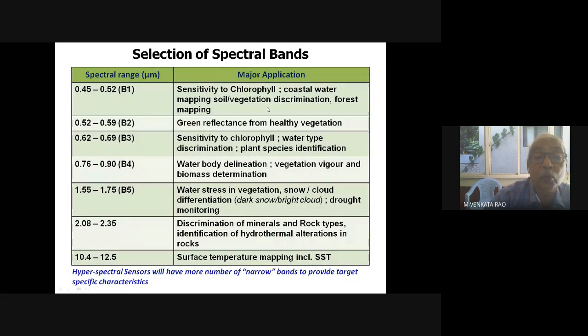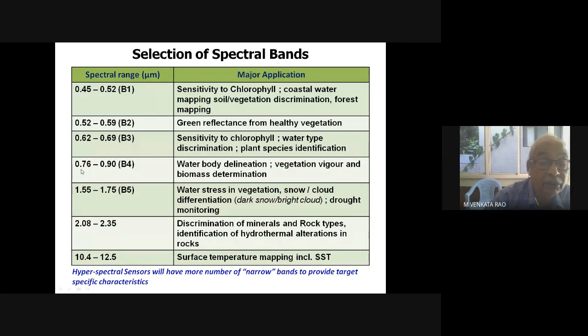In fact, in the cameras we have flown in our ISRO remote sensing satellites, these are all the spectral bands. We call it a spectral band; it's a range of wavelengths. 0.45 to 0.52 is basically the blue band, which is sensitive to chlorophyll, used for coastal water mapping. 0.52 to 0.59 is the green band, for green reflectance from healthy vegetation. 0.62 to 0.68 is the red band, also sensitive to chlorophyll and used for plant species identification.